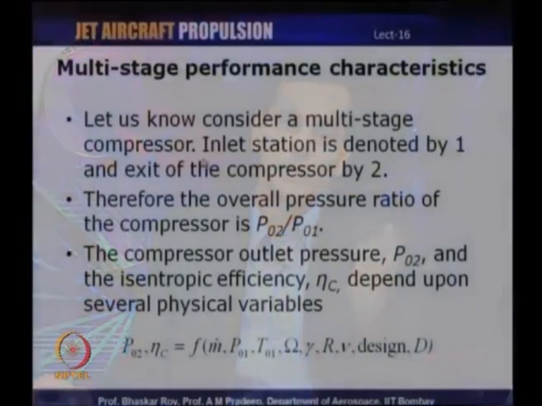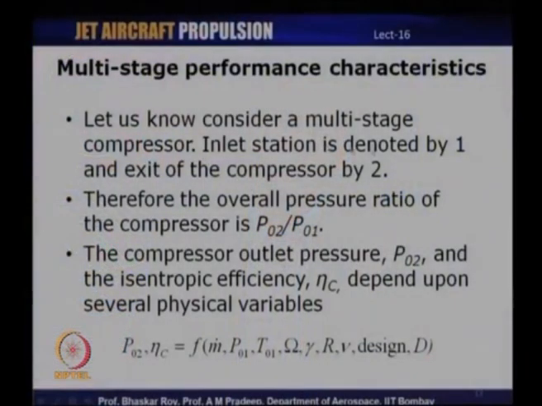So, for a multi-stage compressor now, we are going to denote the inlet of the multi-stage compressor by station 1 and the exit of the compressor by 2. That means the overall pressure ratio of the compressor is P02 by P01. So, the compressor outlet pressure and isentropic efficiency are functions of several variables.